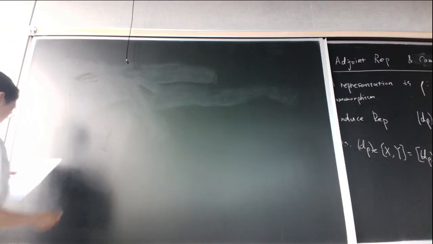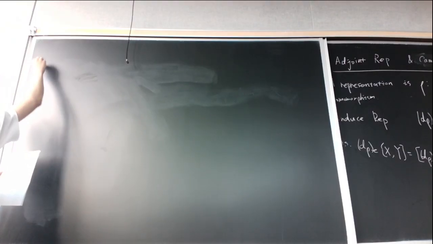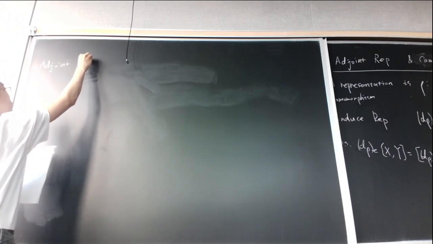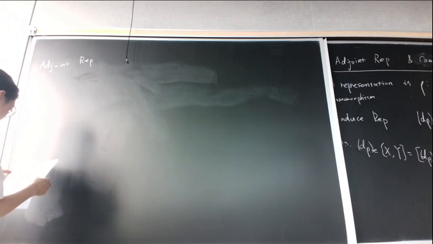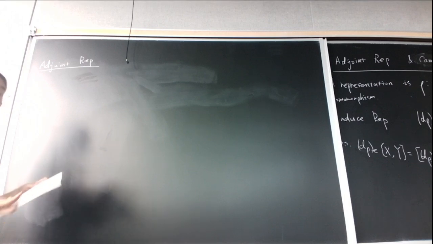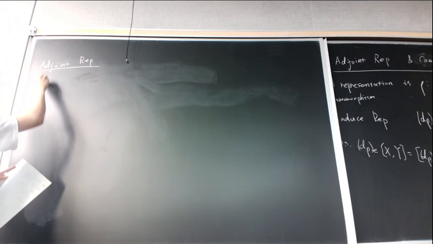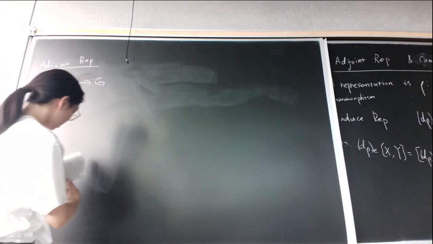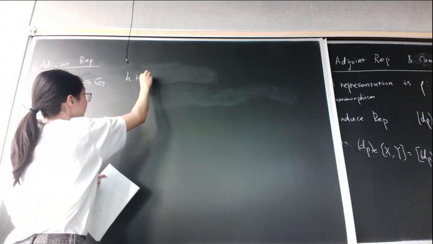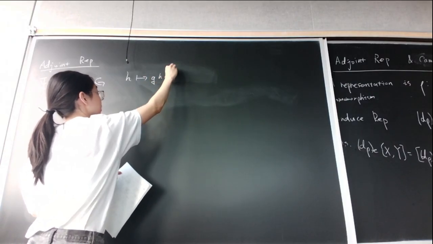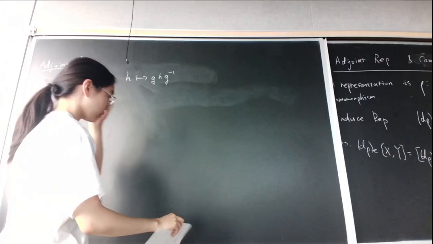We're going to recall the definition of an adjoint representation. I think this was mentioned about 3 weeks ago. Recall that we can define a map called a conjugation. It's a map from G to G that sends H to GHG inverse.